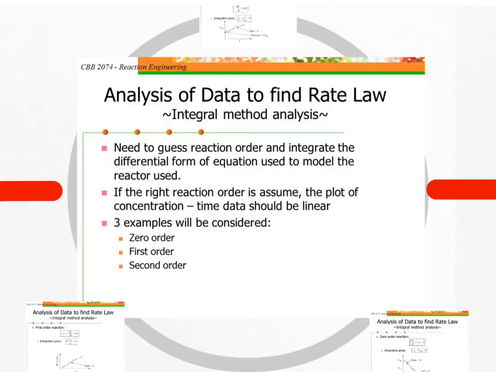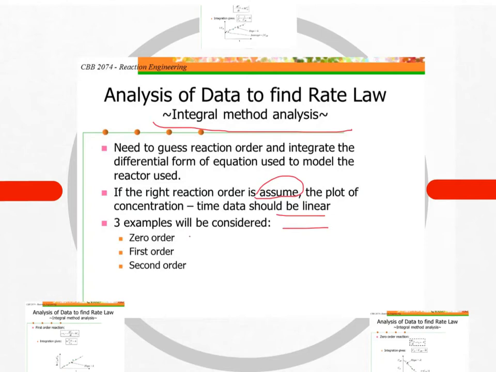If you look at the integral method, just now we were talking about the differential method, now we're talking about the integral method. We need to guess the reaction order and integrate the differential form of the equation used to model the reactor. If the right reaction order is assumed or guessed, the plot of concentration versus time data should be linear.